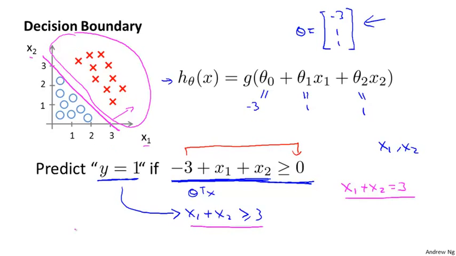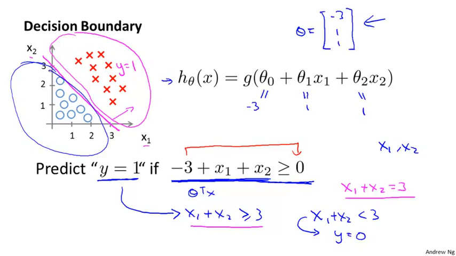And let me just write that down. I'm going to call this the y equals 1 region. And in contrast, the region where x1 plus x2 is less than 3, that's when we will predict that y is equal to 0. And that corresponds to this region.